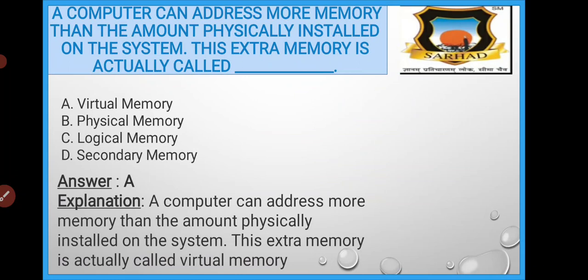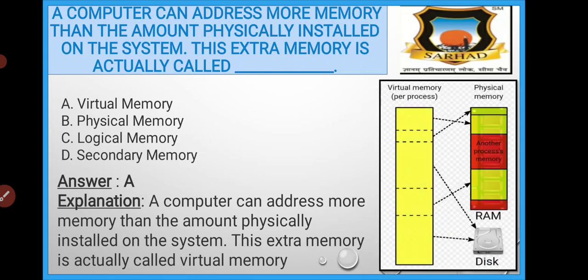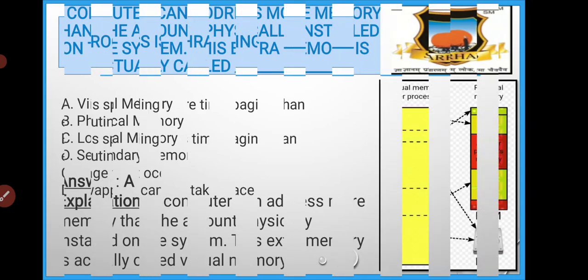Because a computer can address more memory than the amount physically installed on the system, and this extra memory is called virtual memory. So option A is correct. This is the figure for virtual memory and physical memory.